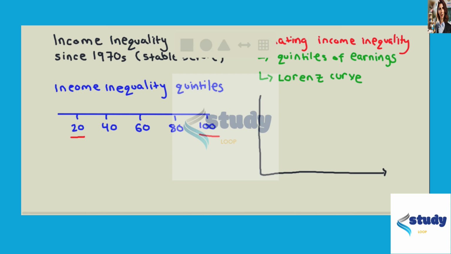On the x-axis, we have the quintiles of earnings, which, as we saw, we're splitting up into fifths.